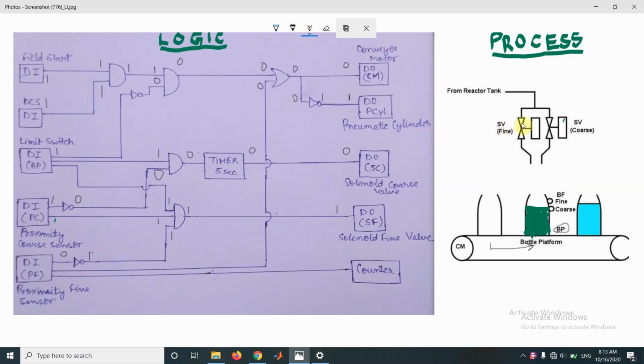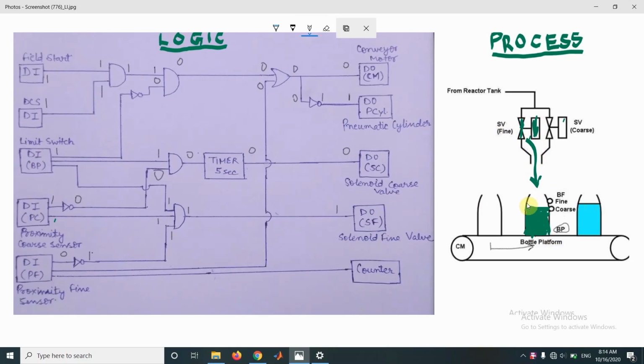So this is the solenoid fine valve. This now starts filling the bottle.